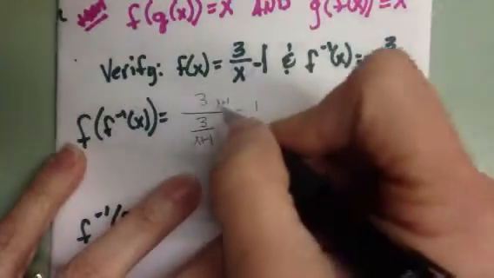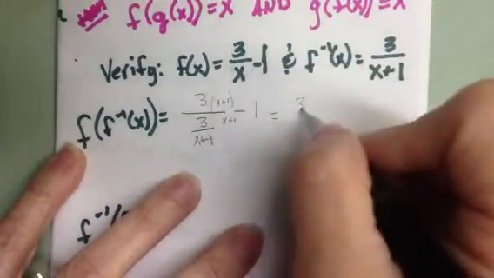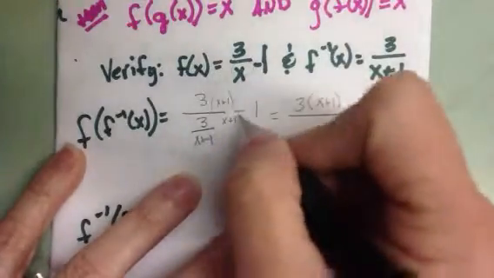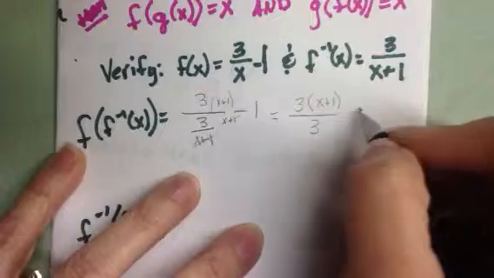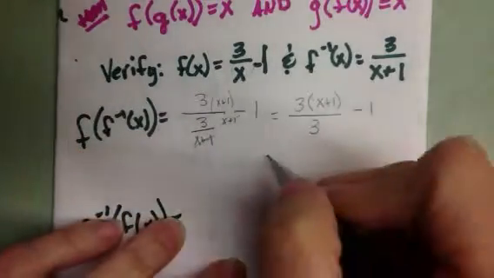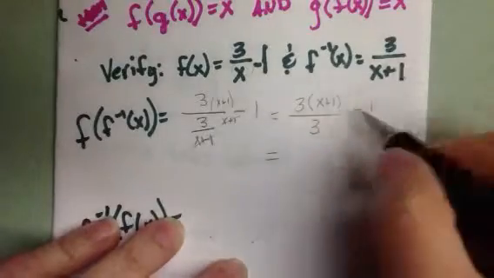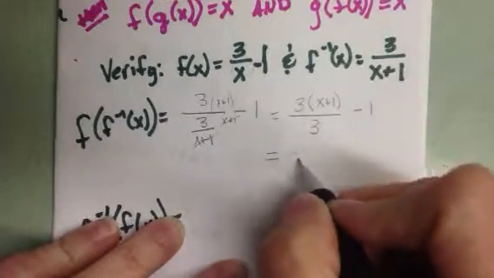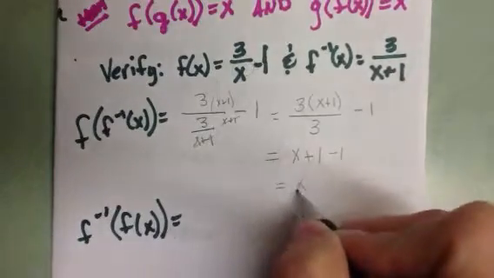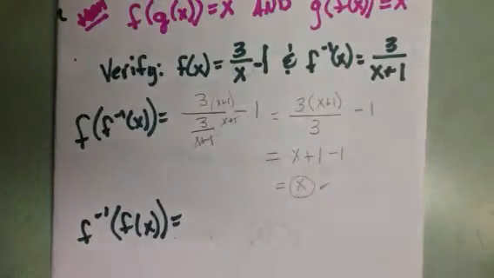See that? So this gives us 3 times x plus 1 over, those cancel, 3 minus 1. Now remember, we're supposed to end up with only x, so a bunch of stuff ends up canceling out pretty soon. So here the 3's cancel, and I'm left with x plus 1 minus 1, and that equals x. So we're good there.